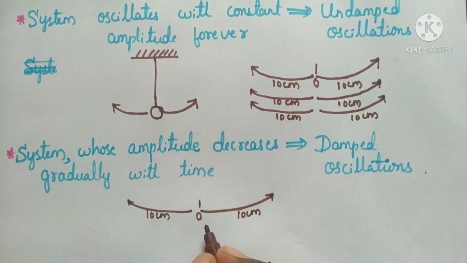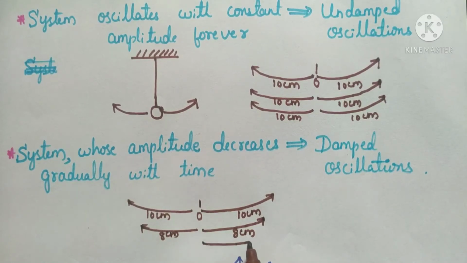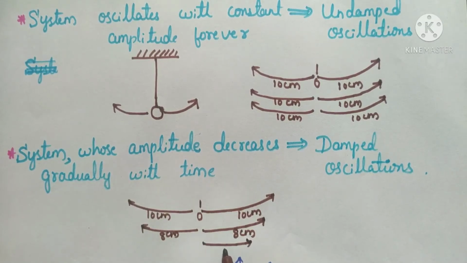This is during the first oscillation. In the second oscillation its displacement will decrease to 8 centimeter, here also 8 centimeter. Then in the third oscillation the displacement will decrease to 6 centimeter, here also 6 centimeter.